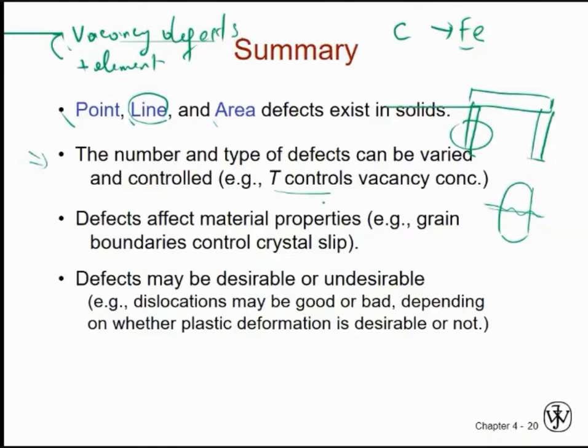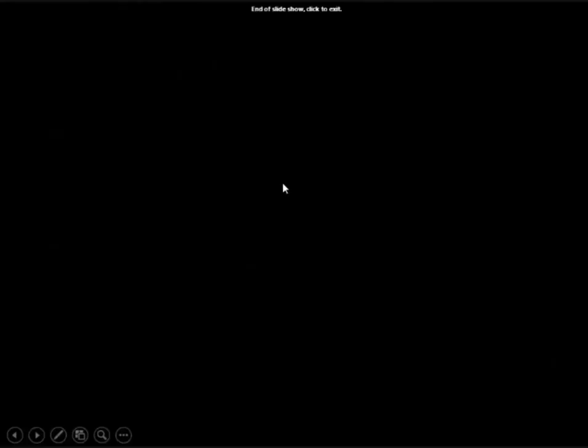If I have high temperature, these electrons will get more energy to move, to break bonds and move away, and as a result, we will have more vacancy defects. And we have talked about how these defects affect material properties. These defects may be desired or not desired. It changes according to application. So next, and that's it. Thanks.